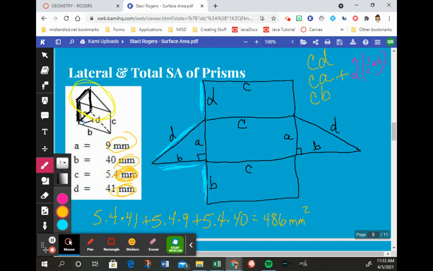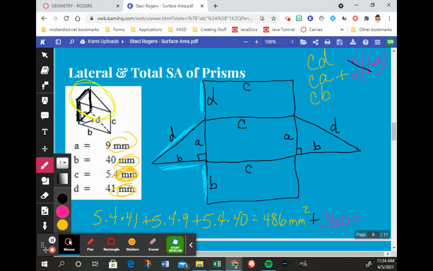Okay, so now I'm going to add the 1/2 divided by 2. Can I cancel the 2's out? Sure. So now I'm just going to multiply A times B. 9 times 40, that's 360. So I'm going to take and add 360.